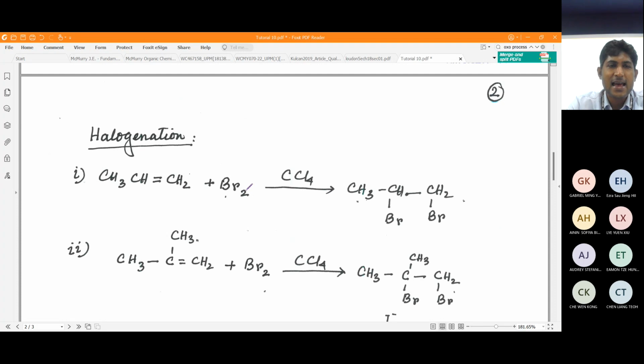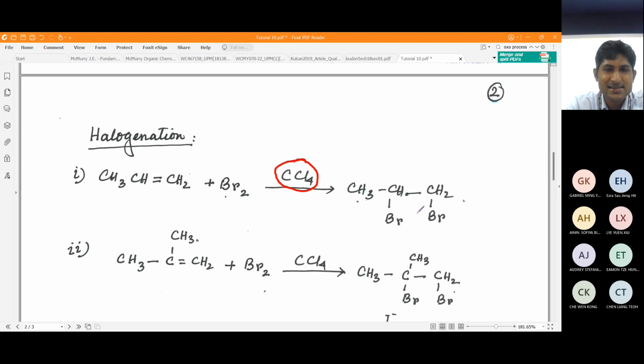If we just add halogen, it looks like the easiest reaction, but the problem is it has to be in an organic non-polar solvent. Carbon tetrachloride is a non-polar solvent.